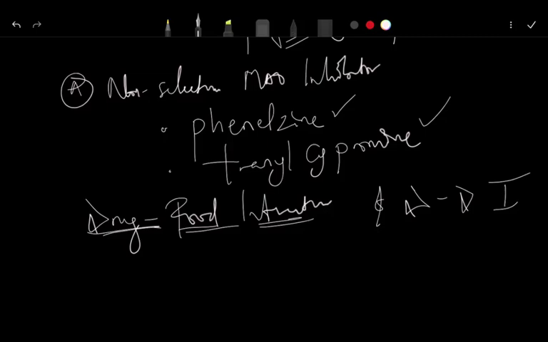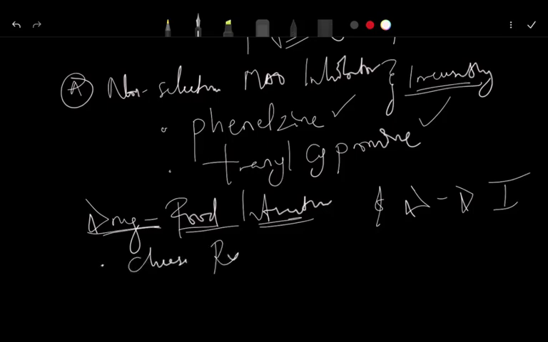I made mention that they bind irreversibly, so they will have a lot of that cheese reaction, which we will talk about here, this drug-food interaction. The cheese reaction is what you get from the drug-food interaction. From drug interaction, what you usually see is hypertensive crisis.